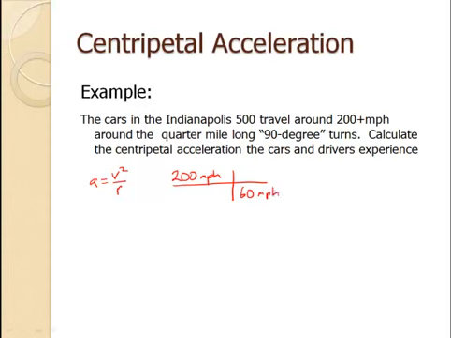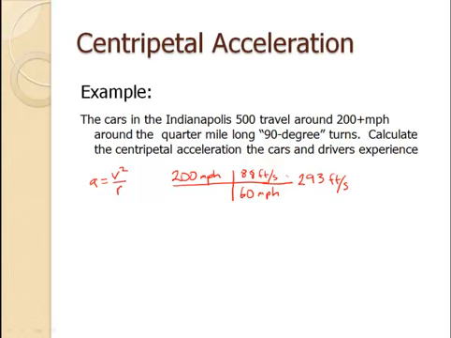That conversion can be done pretty quickly, and my calculator gave me 293 feet per second. So almost a football field every second is how fast these guys drive by.